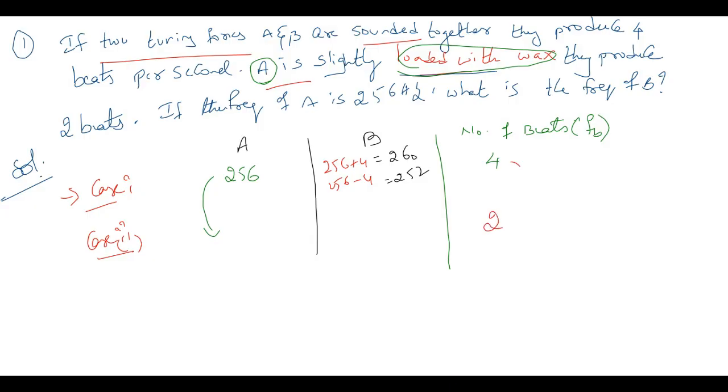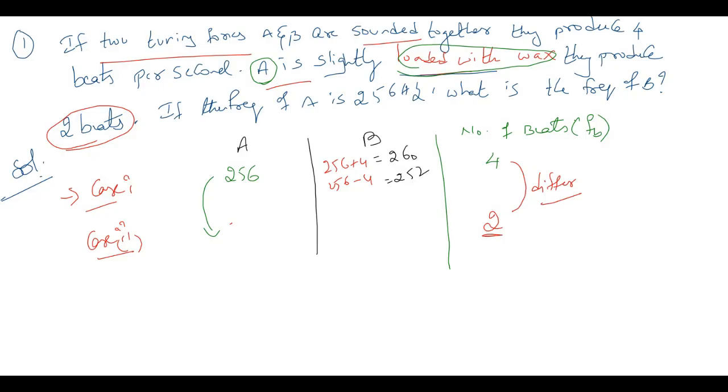Okay. Now how many beats did they produce after the wax? 2. So what is the difference here? They gave you the number of beats produced after the wax, 2. Understood? So 4 and 2, the difference is 2, which means the frequency of A decreased by 2, right?